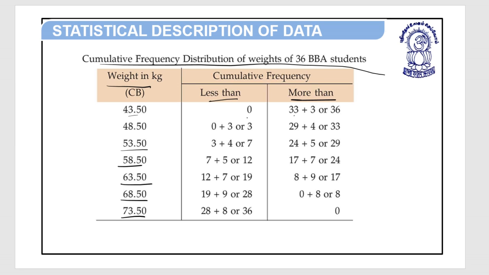Less than: start with 0, 0 plus 3 or 3, 3 plus 4 or 7, 7 plus 5, 12, 12 plus 7, 19, 19 plus 9, 28, 28 plus 8, 36.